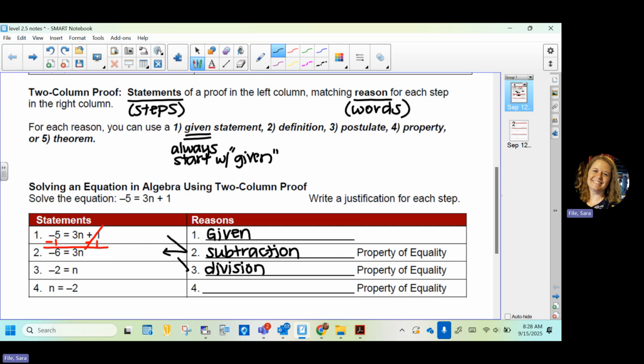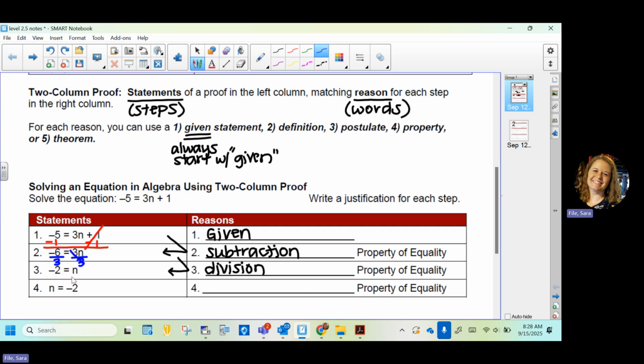To get from that line to this line, they used division. And if you want to show that division, you can go in here and you can show divided by 3, divided by 3. That's where -2 came from. -6 divided by 3 is -2. And over here, the 3 over 3 reduces, and you're left with just 1 n.